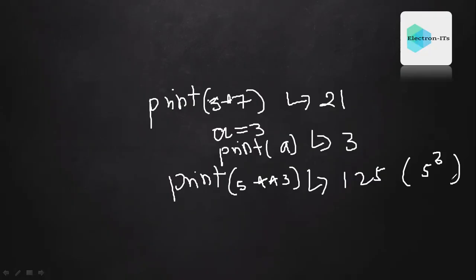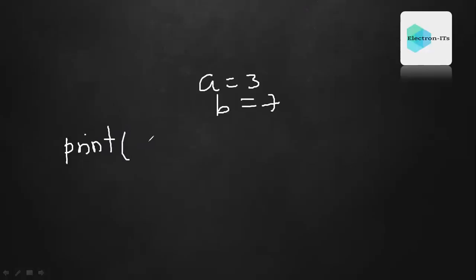So when you want to print a number or calculations, you have to simply use that type of calculation inside the print statement. Here you have to mention that calculation or that variable where that particular numeric value is stored.